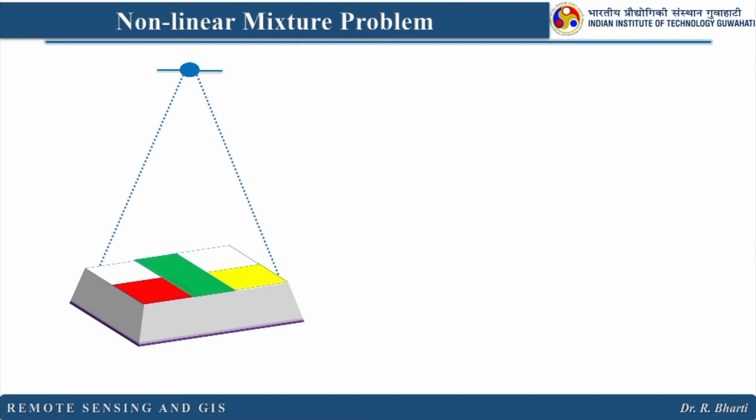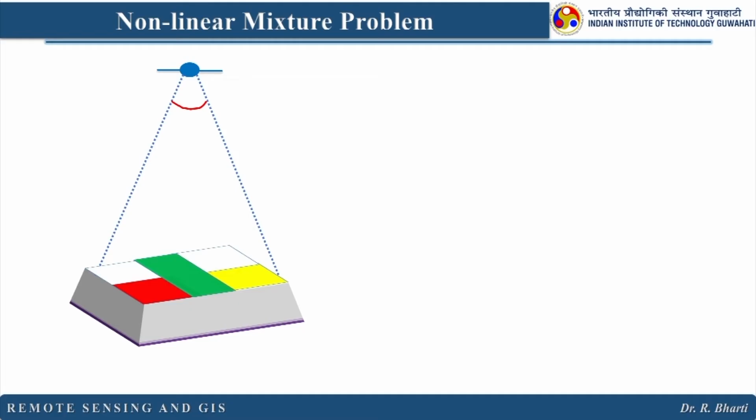So, here if you see, you have 4 different types of material present within the IFOV, right. So, within this field of view or IFOV, you have 4 different types of material, and you know their proportion, they are present in defined proportion and they are actually linearly mixed, right.